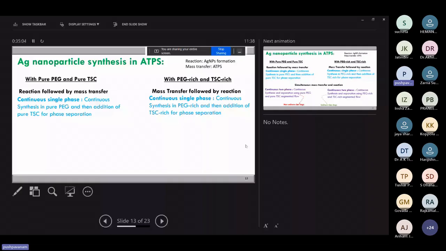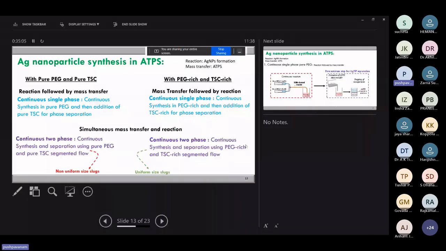Let me just see what I have here. Okay, here. I'm comparing synthesis using pure PEG and pure TSC, and PEG rich and TSC rich, in the continuous single phase. First of all, single phase means I'm pumping in only the PEG liquid and doing the synthesis in the single phase, where I have my laminar profile.